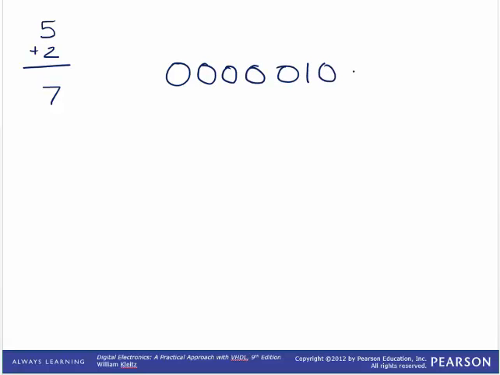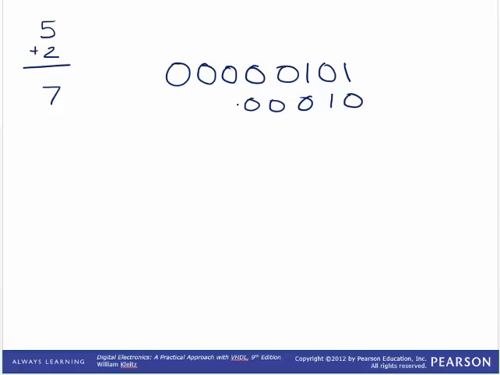Okay, first example we're going to do is 5 plus 2, which we know equals 7. So 5, and I'm going to do everything in 8 bits. So 5 would be 4 plus 1. That's the number 5. And 2 is a 1, 0.